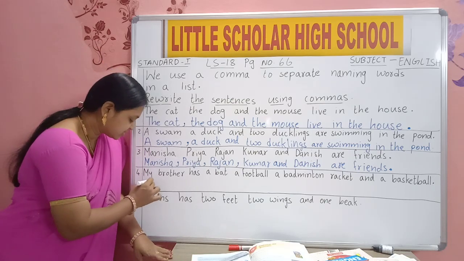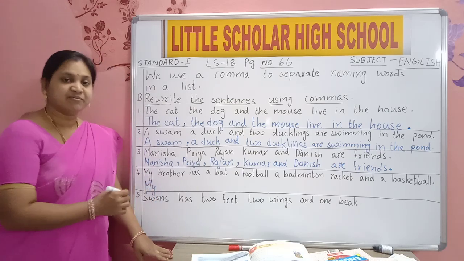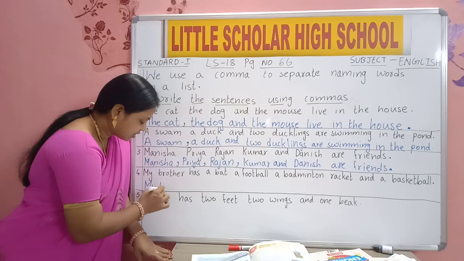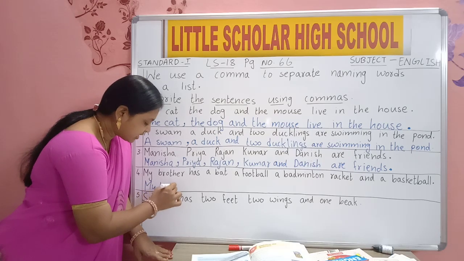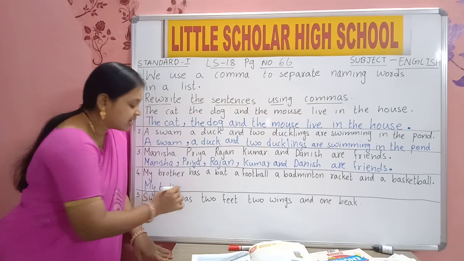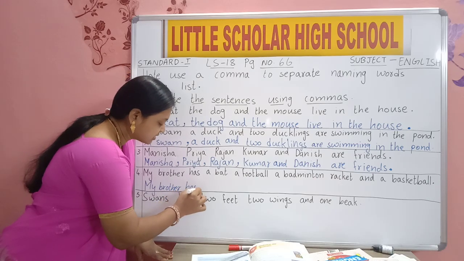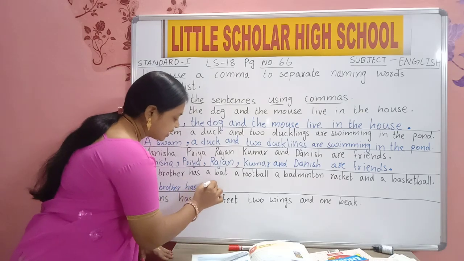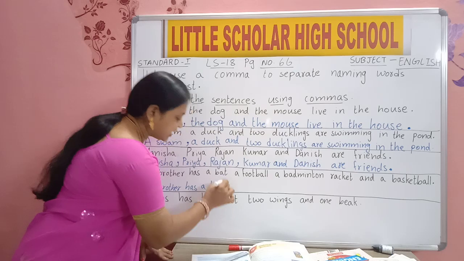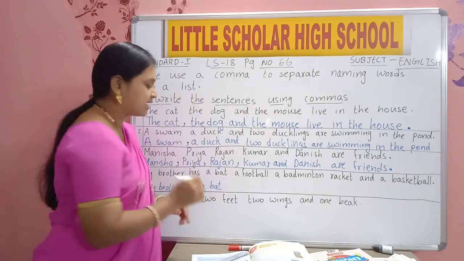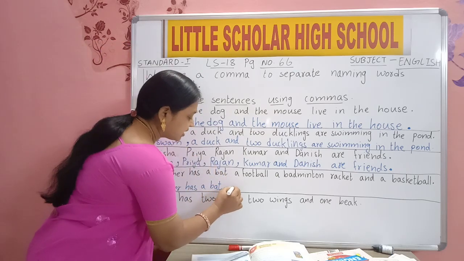M-Y, my. First letter M, capital. B-R-O-T-H-E-R, brother. H-A-S, has. A, bat. First one is a bat. Comma.